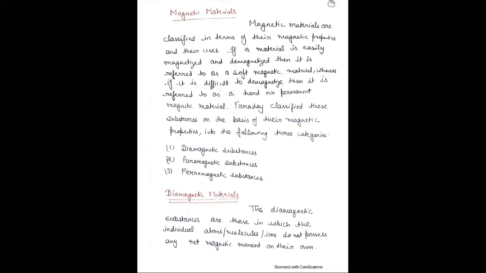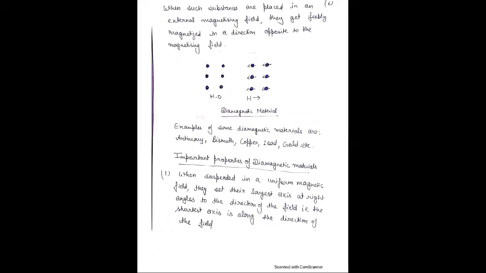Because in diamagnetic materials, an atom has an even number of electrons in its outermost shell, which spin up and spin down. Therefore, they cancel each other's magnetic moments and the resultant magnetic moment is 0.